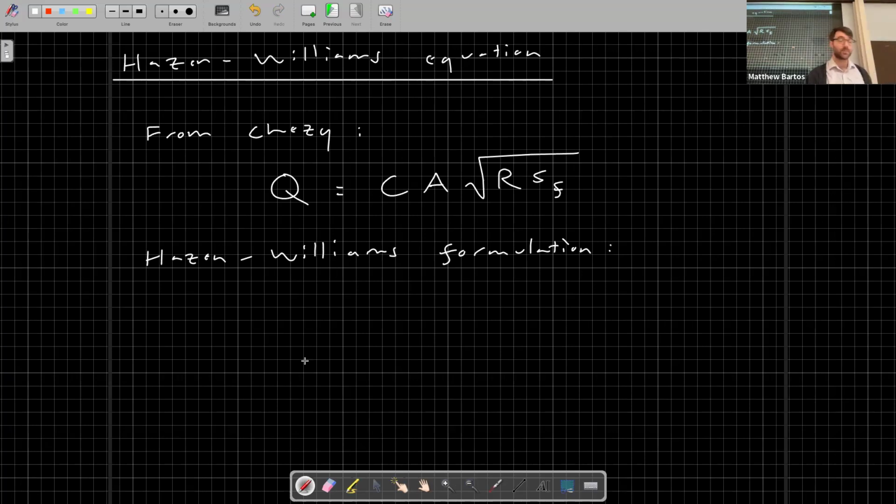So the Hazen-Williams specifies this C coefficient as follows. C is equal to a parameter phi HW, this depends on the units again, times a roughness coefficient CHW times the hydraulic radius to the 0.13 power times the friction slope to the 0.04 power.